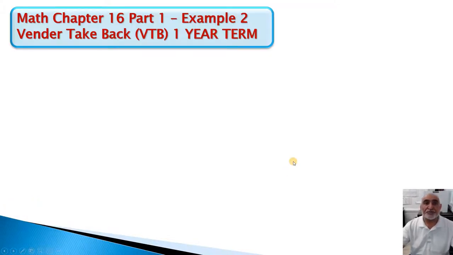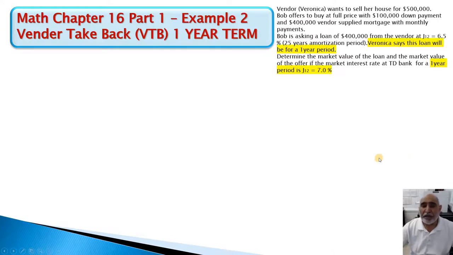This time we're going to have a term. Okay, so same person. Let's say we're talking about the same person, Veronica, and she wants to sell her house. Bob offers to buy it at full price, $100,000 down plus $400,000 financing. Bob is asking for a loan of $400,000 from the vendor at 6.5%, 25-year amortization period.